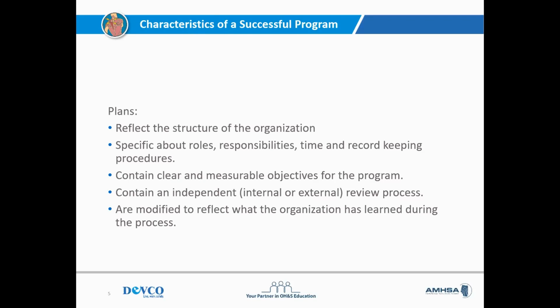When we look at characteristics of a successful program, in addition to having those in place, other things that we would look for: if it's reflecting the structure of the organization, if where certain roles and responsibilities lie makes sense from an organizational perspective that's unique or specific to your organization, that's very helpful.